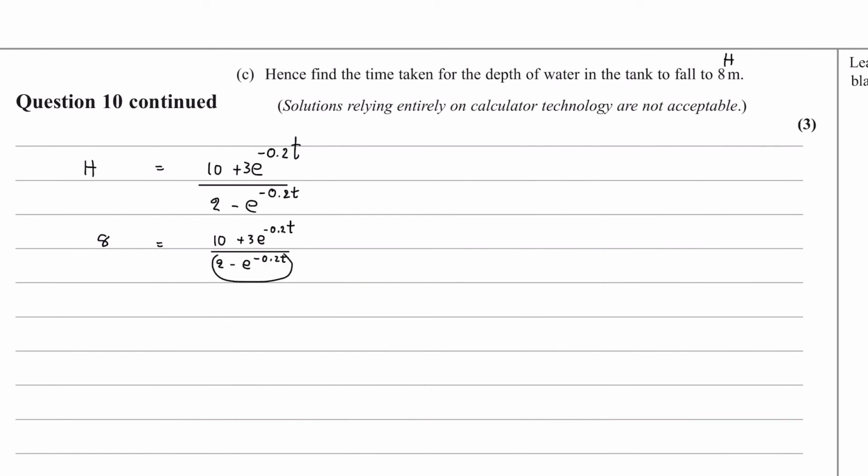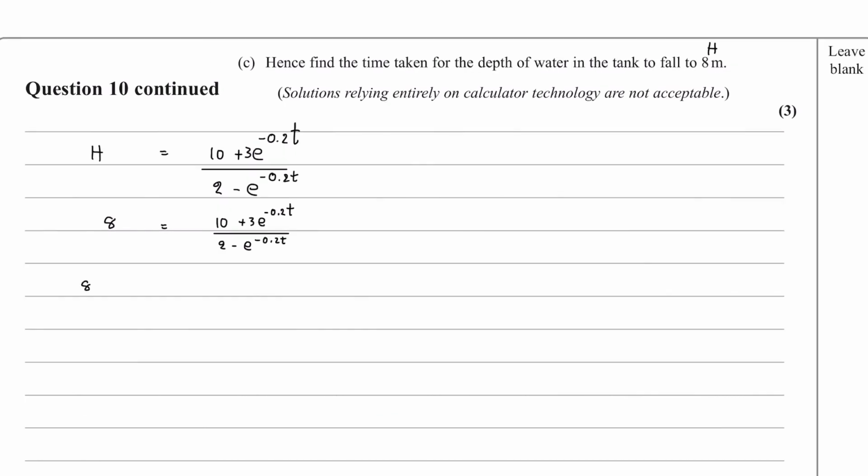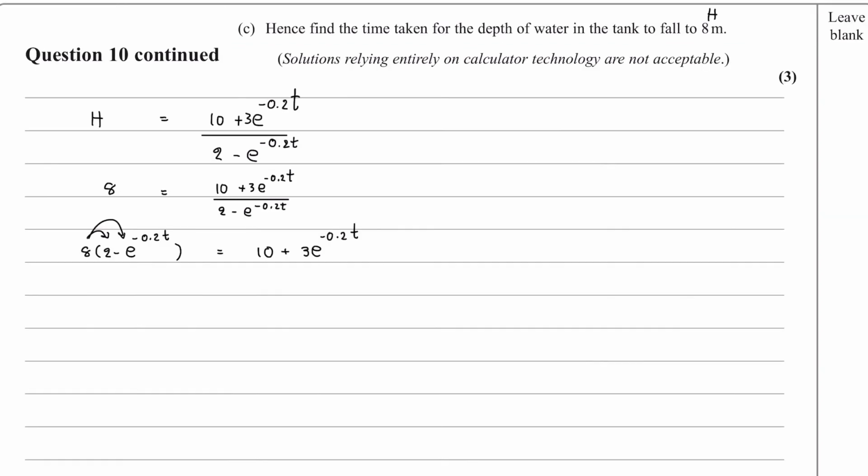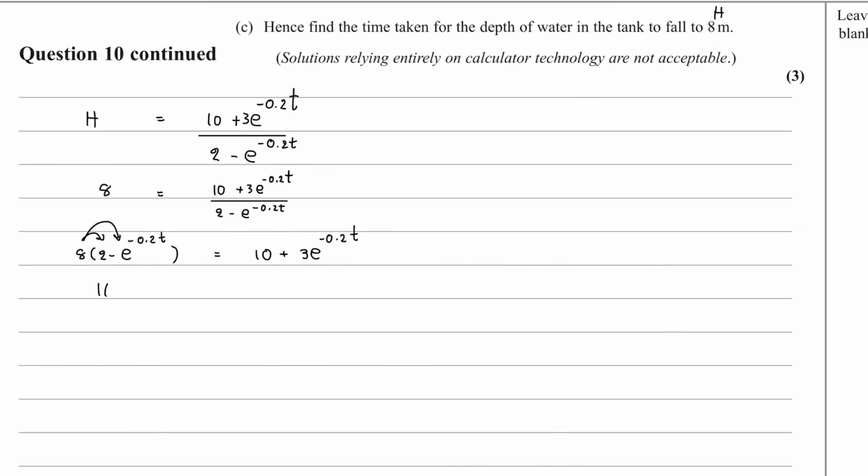Now we can move this whole term to the left hand side. 8 times (2 minus e to the power of negative 0.2t) equals 10 plus 3e to the power of negative 0.2t, and now we expand 8 into these two terms. So this one will be 16 minus 8e to the power of negative 0.2t.